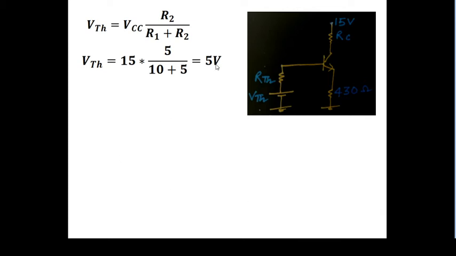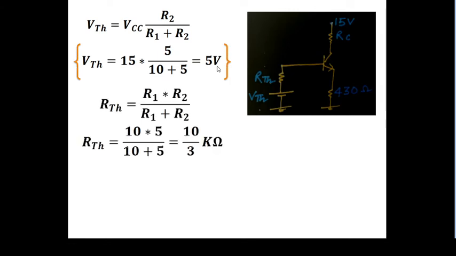Putting VCC 15, R2 5 kilo ohm, over 10 plus 5 kilo ohm, the kilo cancels, and after simplifying it gives 5 volt. Similarly for R Thevenin, putting in the values, it gives 10 by 3 kilo ohm, because 10 to the 3 into 10 to the 3 in the numerator and 10 to the 3 in the denominator, so kilo remains: 10 by 3 kilo ohm.